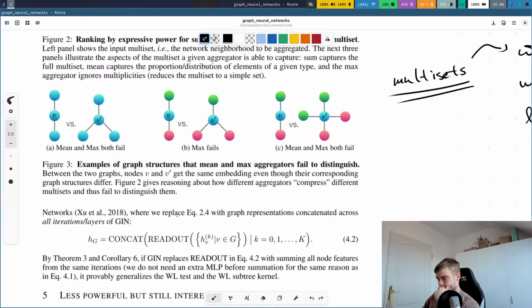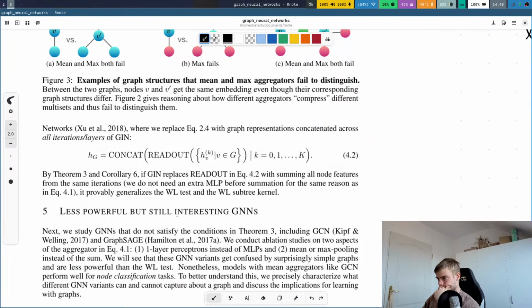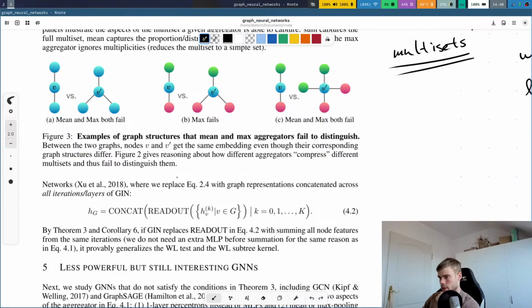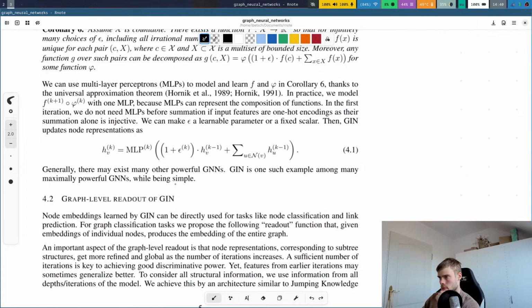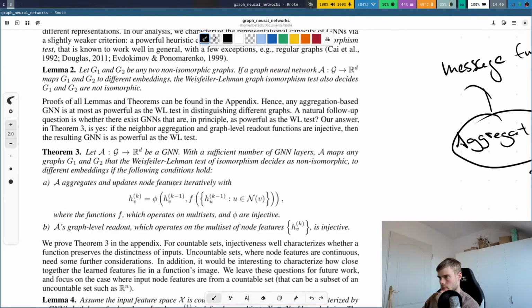And 4.2, readout. Yeah, they never really defined readout, do they?